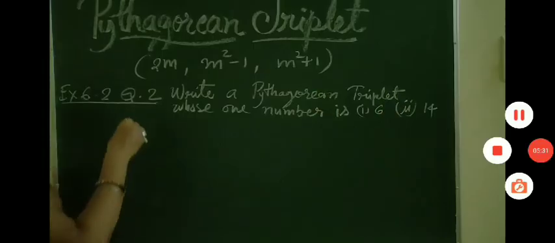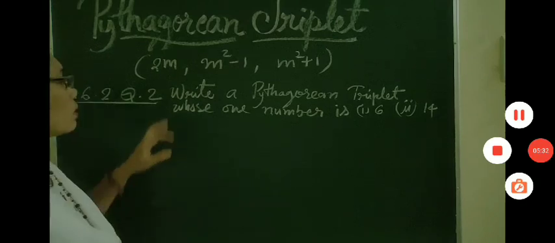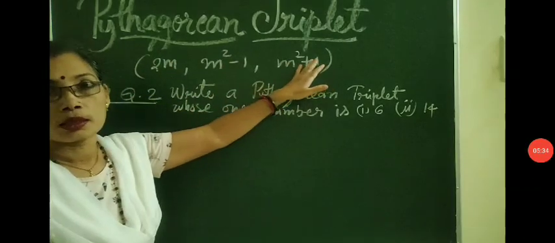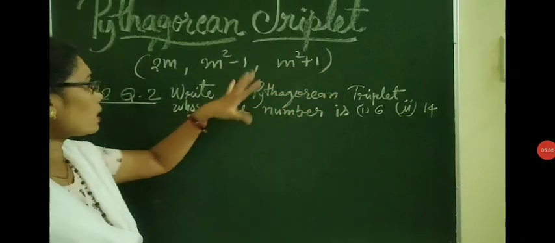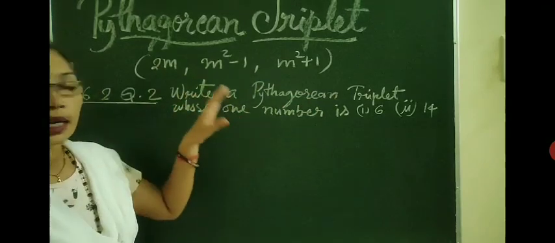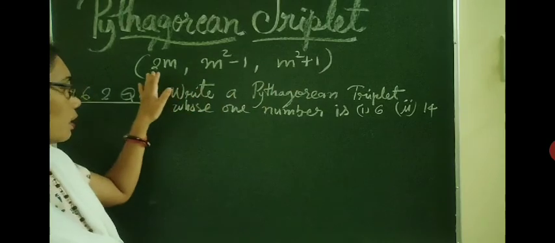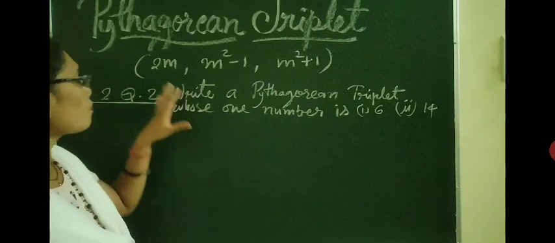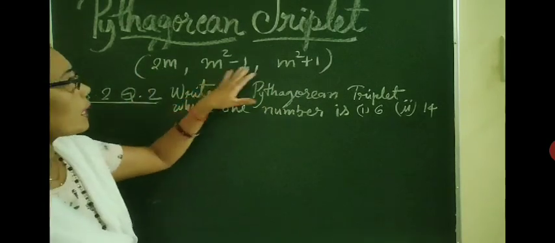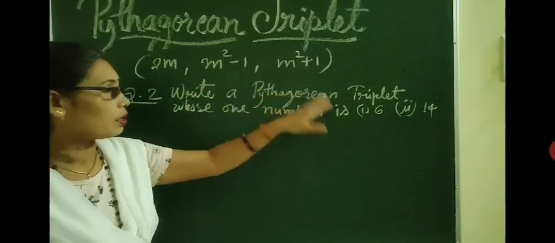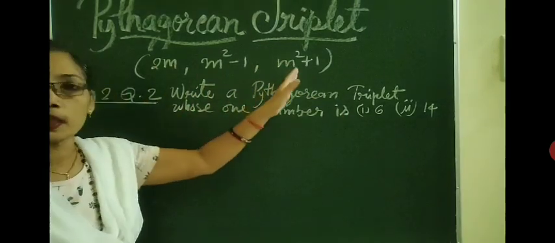So we have to think about these numbers. We have the formula for a Pythagorean triplet: 2m, m squared minus 1 and m squared plus 1. 6 is one of them.